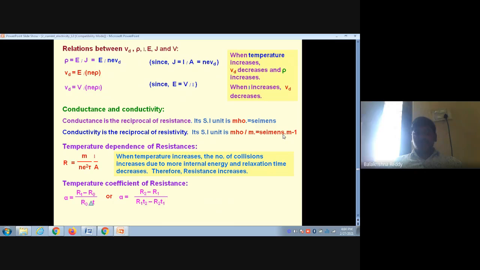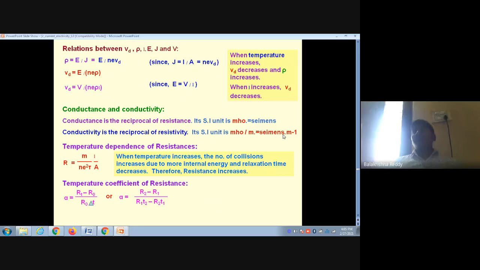That can be written as α = (R2 − R1)/(R1(T2 − T1)), where the final resistance is R2 and the initial resistance is R1. This is the temperature coefficient of resistance.